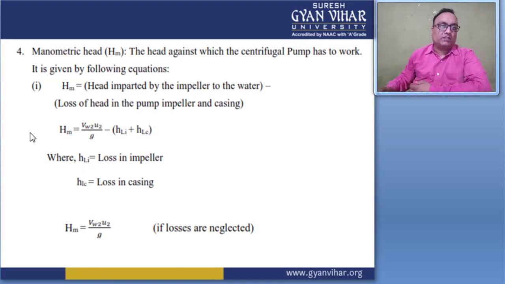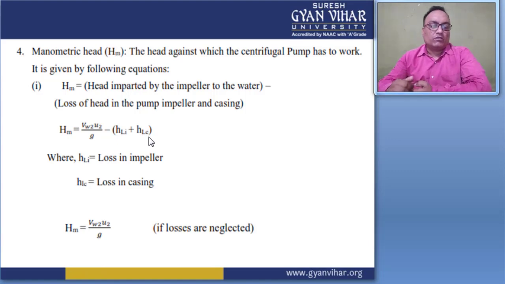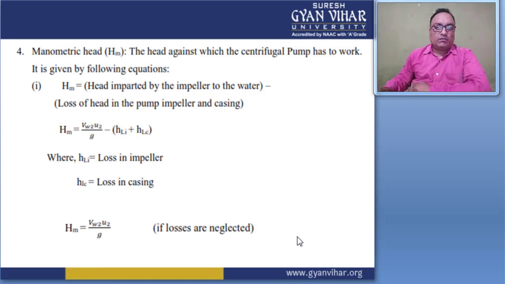So Hm equals Vw2 U2 divided by g minus (hLi plus hLc), right? What are hLi and hLc? They give the loss in the impeller and the loss in the casing. And Hm equals Vw2 U2 divided by g if losses are neglected. Then we move to the next slide.